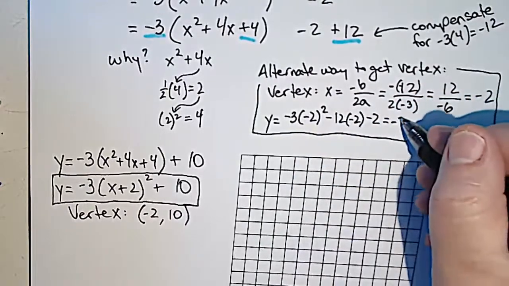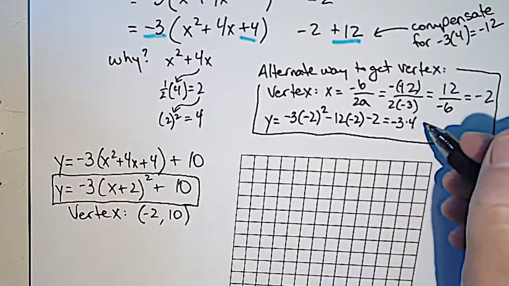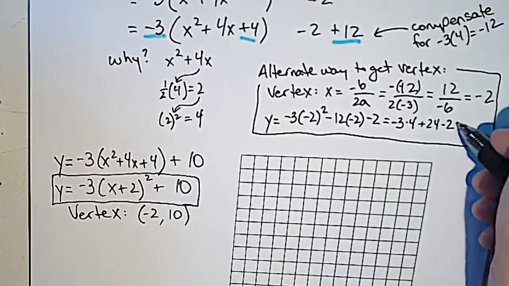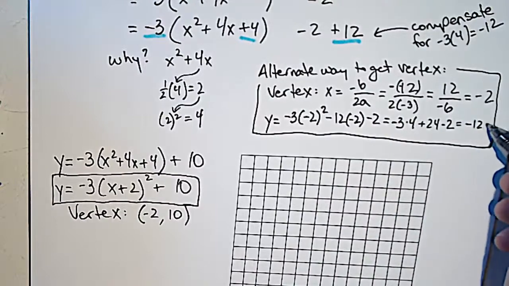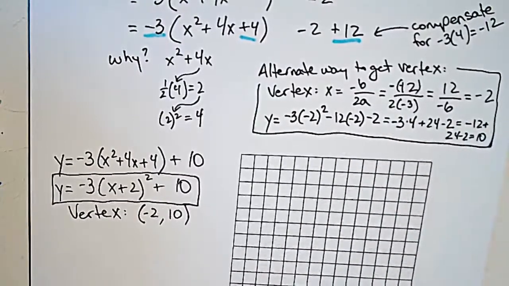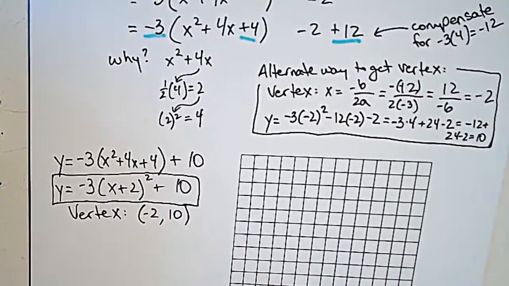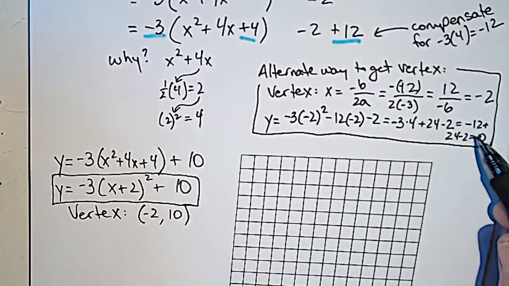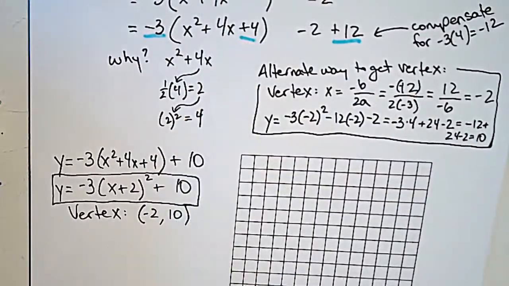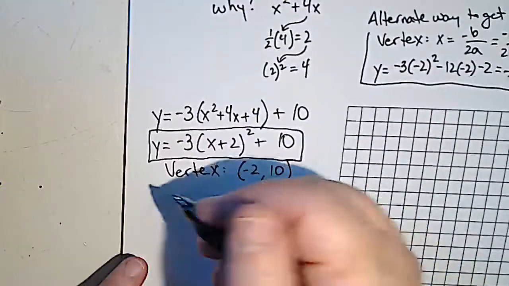I get negative 3 times 4 plus 24 minus 2. So I get negative 12 plus 24 minus 2 equals 10. Sorry, I shouldn't have drawn the box before I was done. Ugh, rookie mistake. So I could have gotten the vertex this way, or I can do the completing the square process and get the vertex there. So that gets us started, and then we're going to need to find the intercepts. So let's find the intercepts.